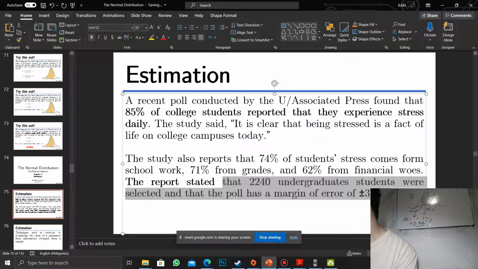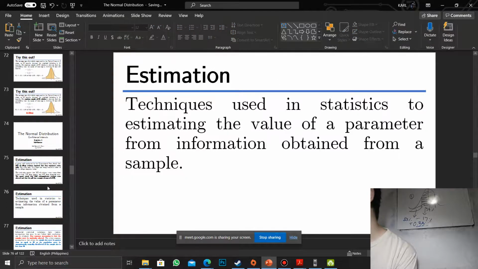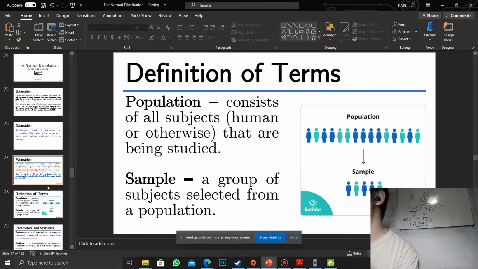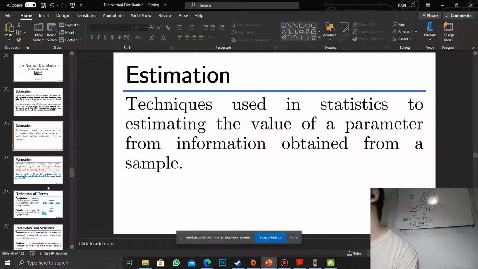Yan, kasi guys, tawag dyan, estimation techniques in statistics. Ang estimation ginagamit ay para ma-estimate mo yung value ng parameter or population data based from information obtained from a sample. Kasi imposible most of the time to study the whole population at the same time, di ba? That's why you take samples, tapos you estimate the population data from the sample data.